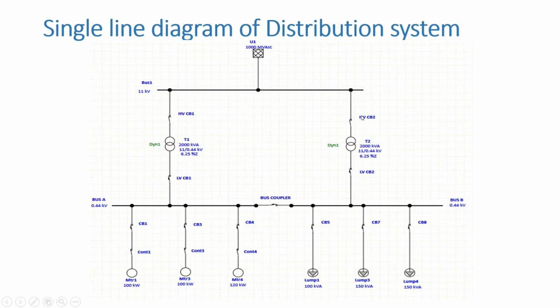This is the main importance and advantage of this two-way connection. Each transformer has a rating of 2000 kVA, which means one transformer is enough to carry the full load of this switch gear.